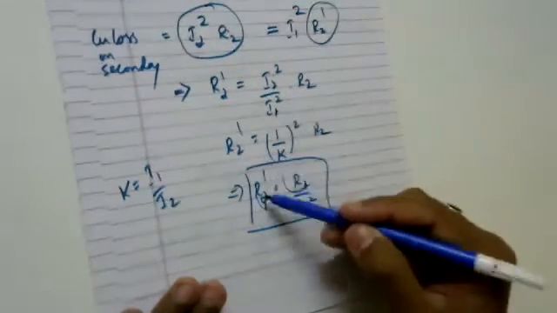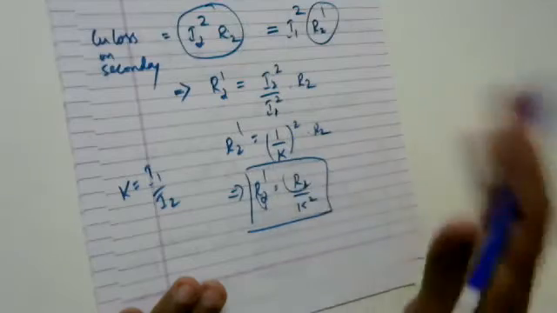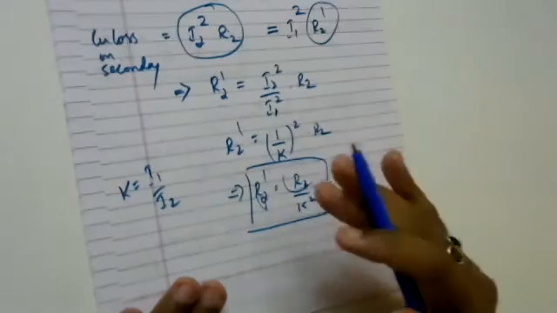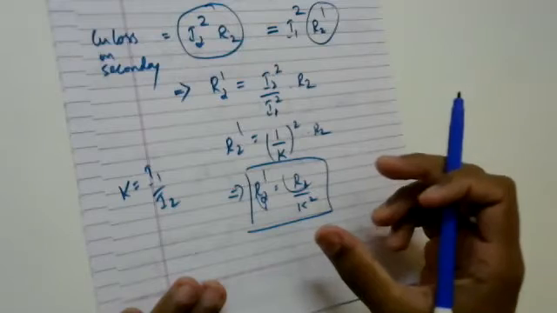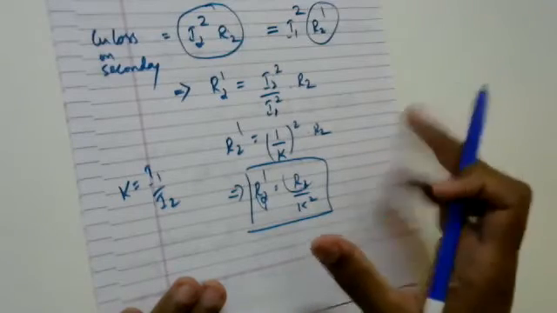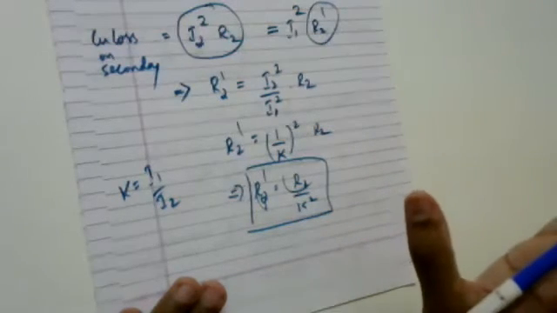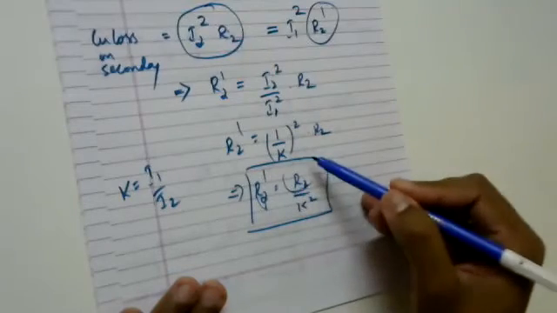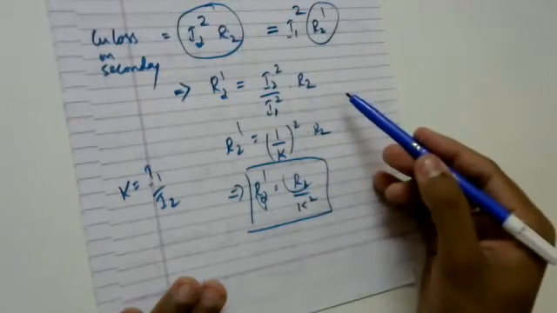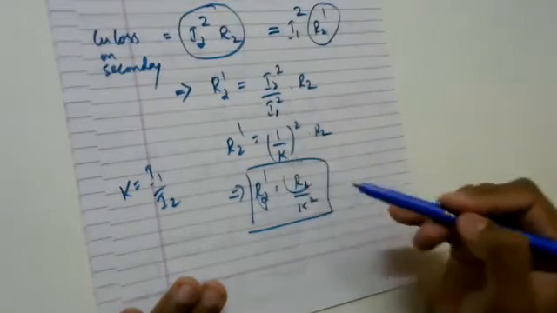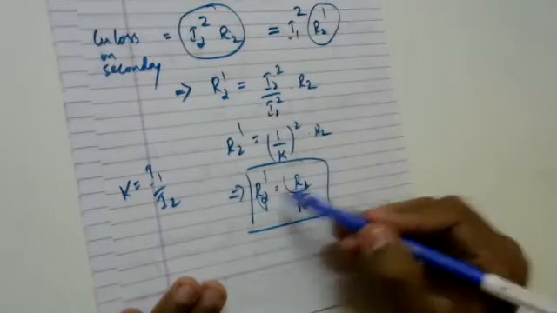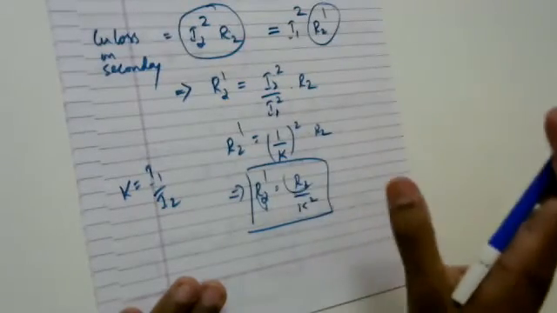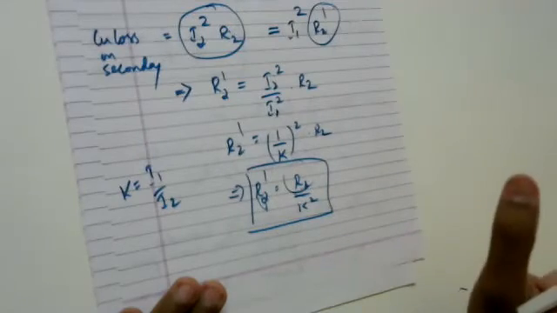R2 dash does not exist in the system. It is defined, framed, to make mathematical analysis very simple. R2 is a physical component which can be witnessed in a circuit. R2 dash is a hypothetical component defined just to make mathematical analysis simpler.